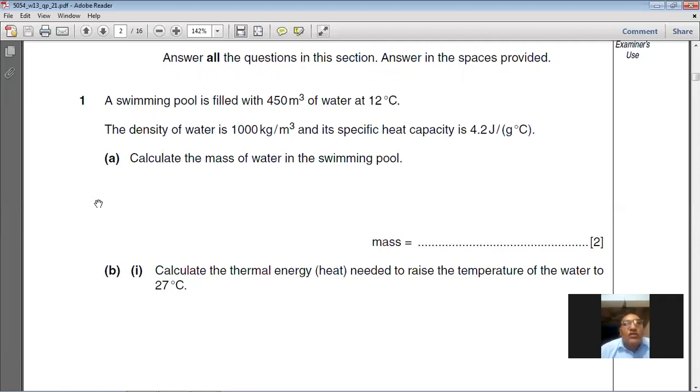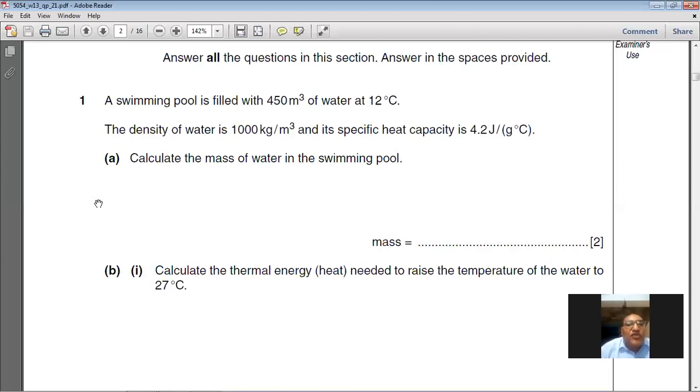Now the mass given is 4.5 exponent 5 kg. But because in the specific heat capacity, the unit which was used for mass is gram, so I will convert the mass into grams. So 4.5 exponent 5 kg should be multiplied with 1000 to convert it into grams.